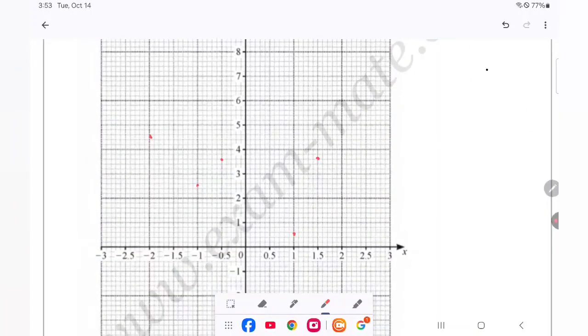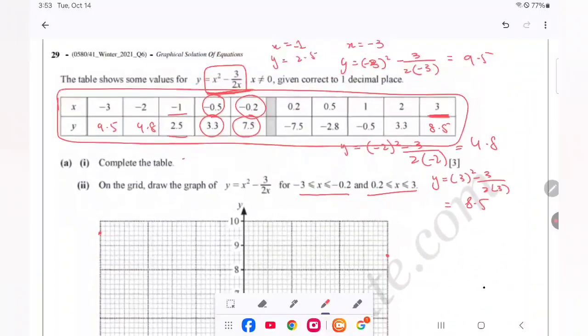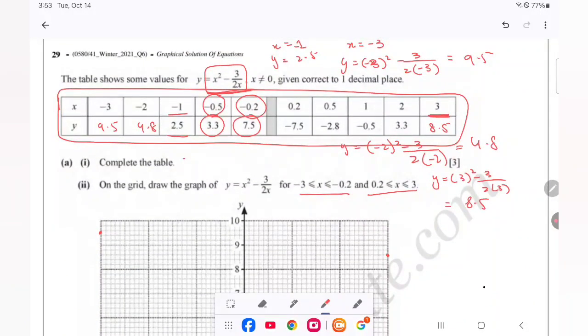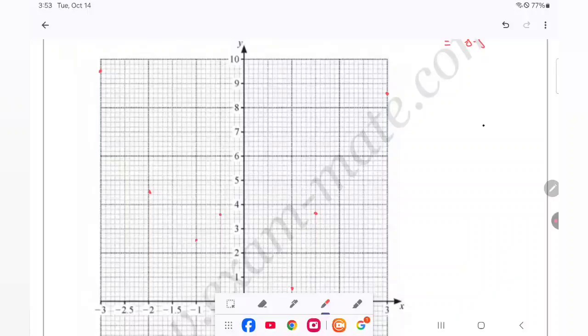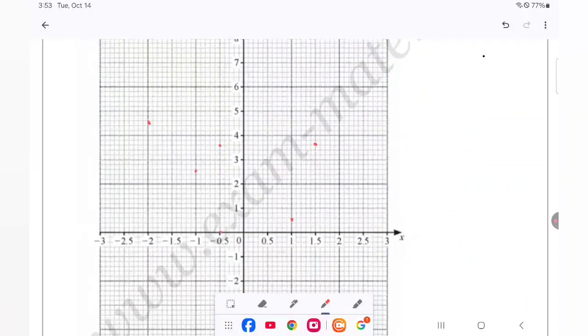So I already put, when the value of x is -0.5, it will give you the y value 3.3. So here is 3.3 of y and this is -0.5 of x.